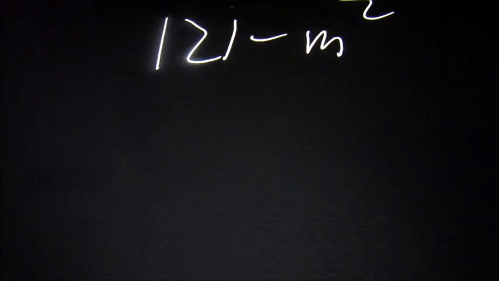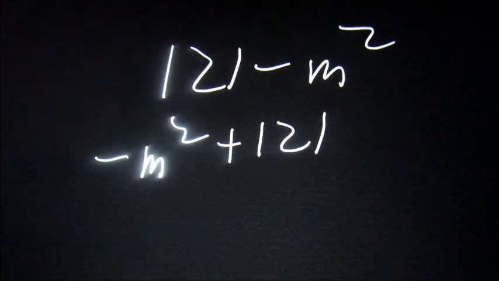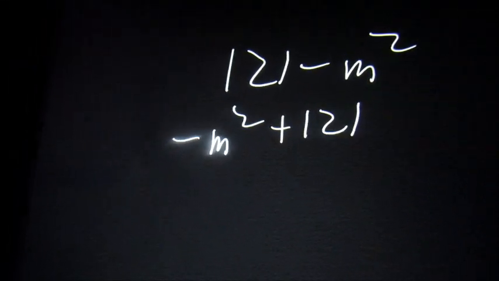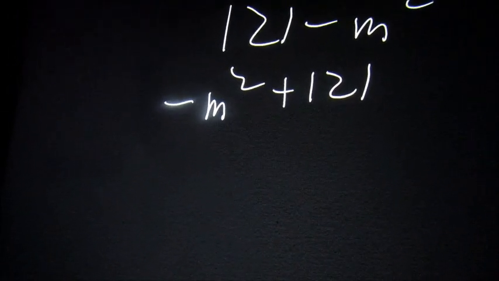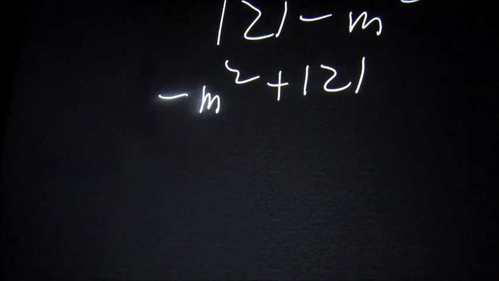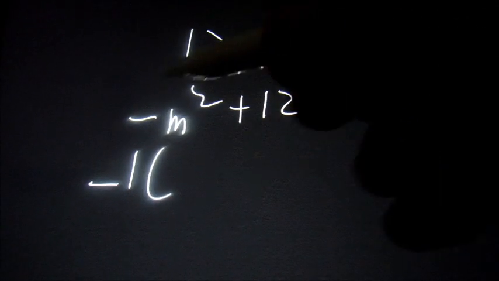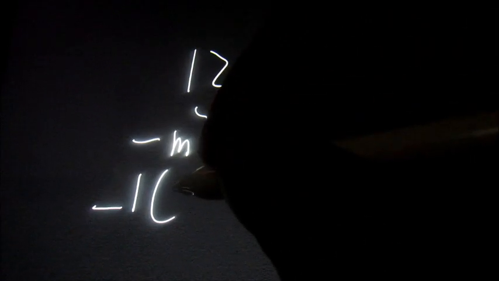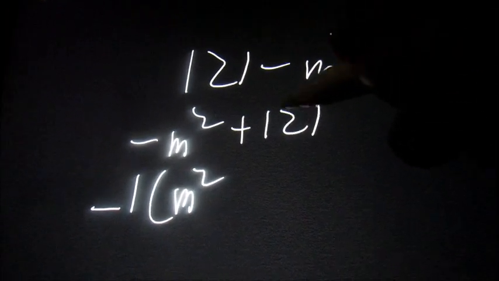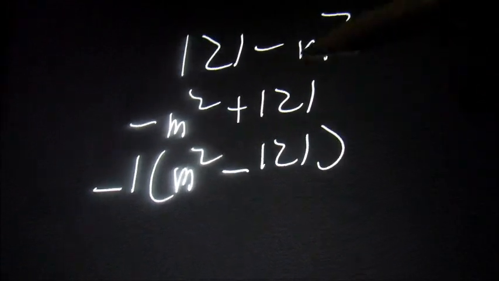So what we need to do first is rearrange this to be negative m squared plus 121. All I did was rearrange it. And now, if you remember what I said, we don't want our m squared term or our variable term to be negative. So we're going to factor out a negative 1, and then negative m squared divided by negative 1 becomes m squared. 121 divided by negative 1 becomes minus 121.